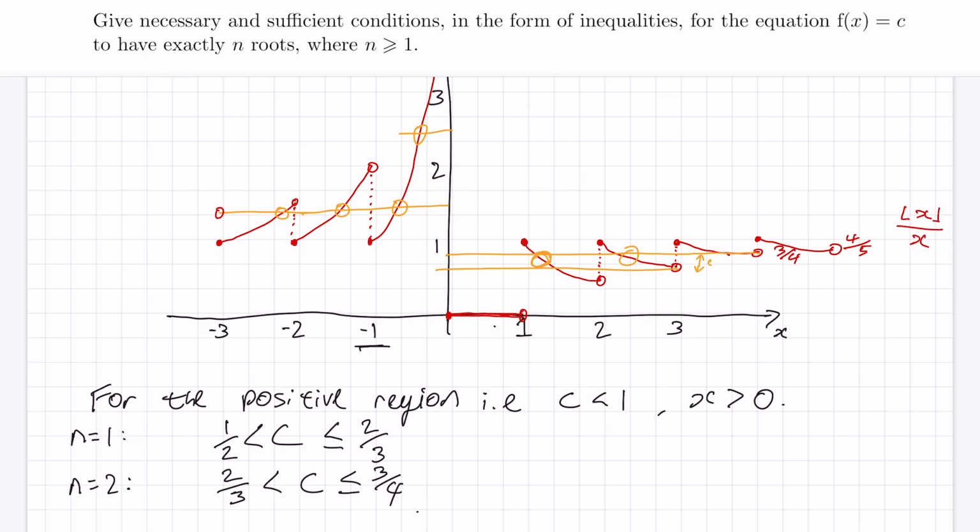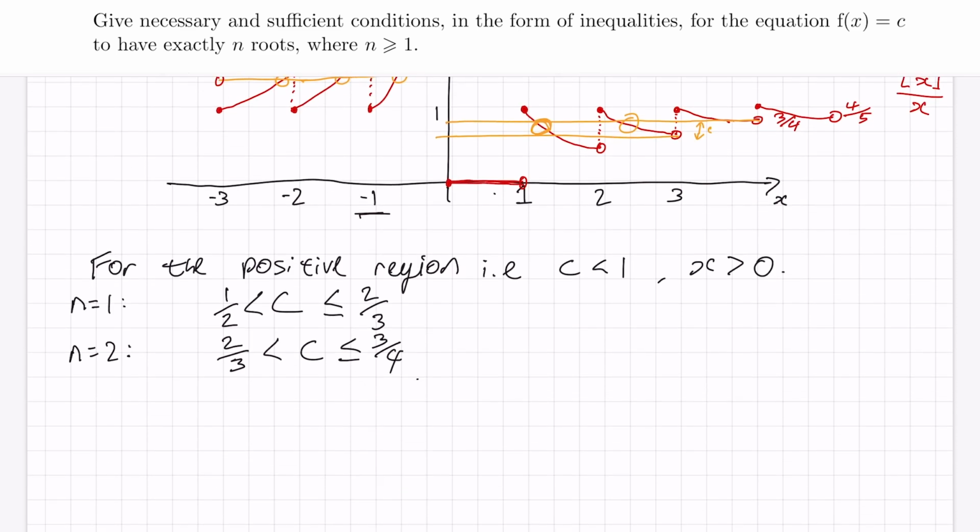So at the point of 5, you're going to get 4.999999, you're going to get 4 divided by 4.99999. So yeah, going to go down to 4/5. So again, my next condition will be that for n equals 3 roots, I need 3/4 less than c less than or equal to 4/5.